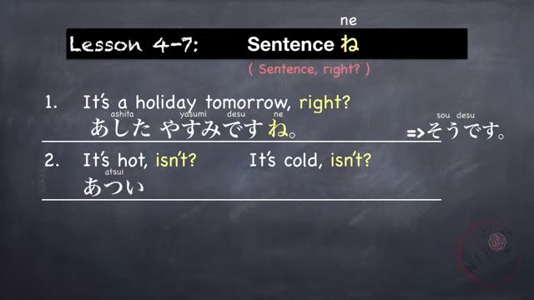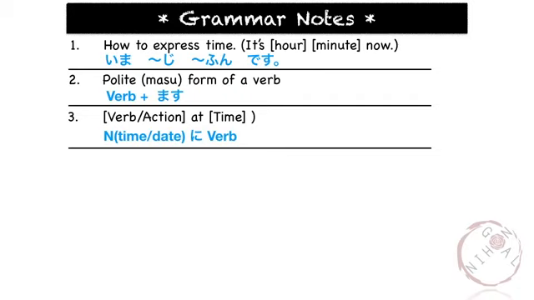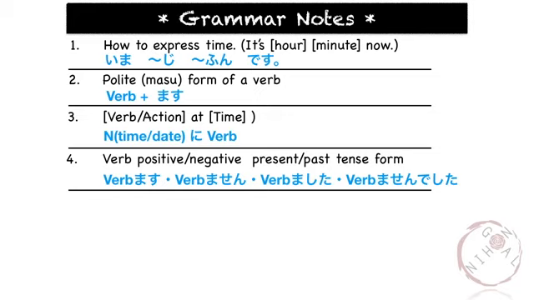So let's review the grammar points that we've learned today. First is how to express time. 今、何々時、何々分です。Next is the polite or the masu form of a verb. Verb, masu. The next one is how to say that a certain action happens at a certain time. Time に verb. We've also learned the positive or negative present past tense of a verb.